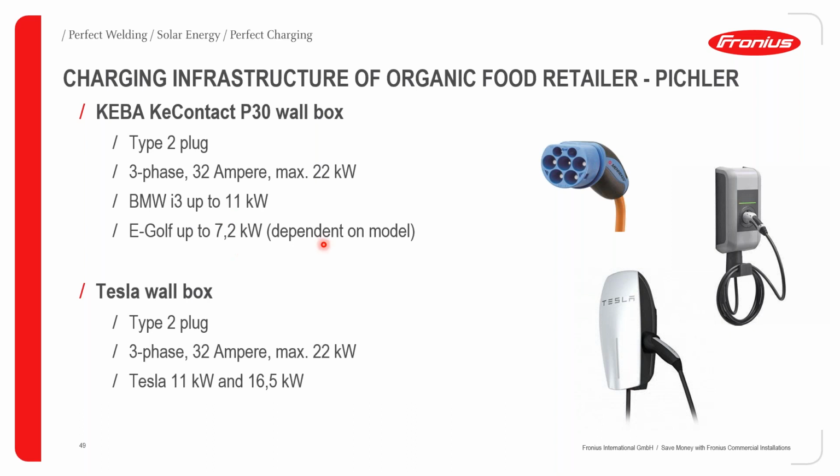But this is of course dependent on the model of the charger being used. And then for the Tesla wall box, it's a type 2 plug, 3-phase, 32 ampere current carrying capacity, and the maximum output of 22 kilowatts, and used to charge the Tesla with 11 kilowatts. That is for the Model 3, and then the 16.5 kilowatts for the Model S.